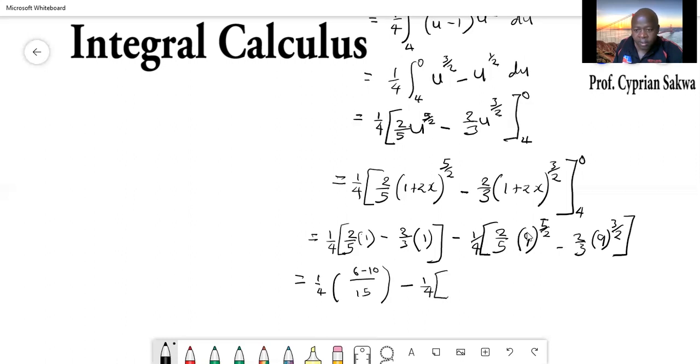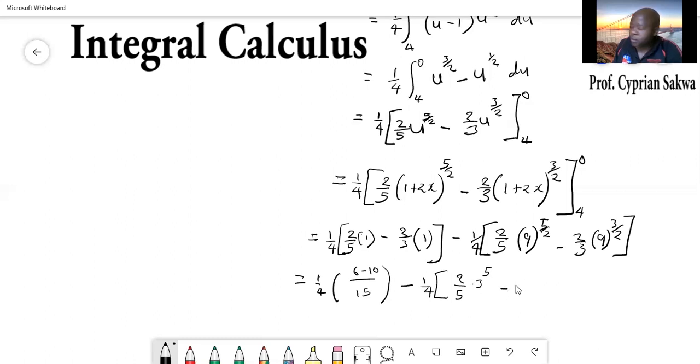This is the same as 3 squared. 3 squared raised to this is the same as 3 raised to 5. So 2 over 5 times 3 raised to 5, because this is 3 squared, so what you have is 3 squared raised to 5 over 2, that would be 3 raised to 5.